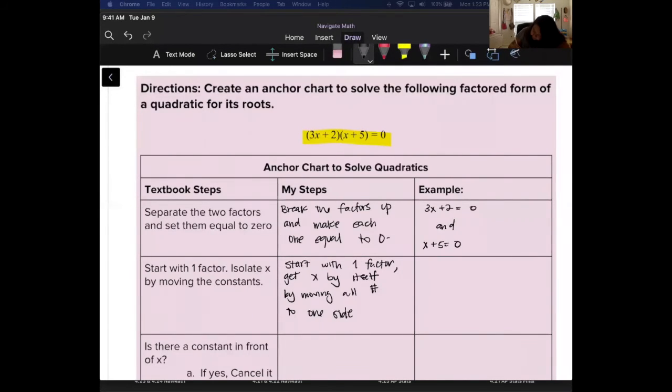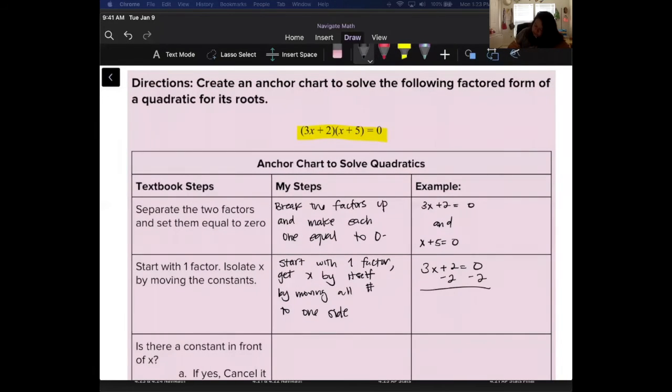So I'm going to start with 3x plus 2 equals 0, and I'm going to get all my numbers onto one side. So I'm going to move the 2 to the other side by doing minus 2 on both sides. I have 3x equals negative 2.